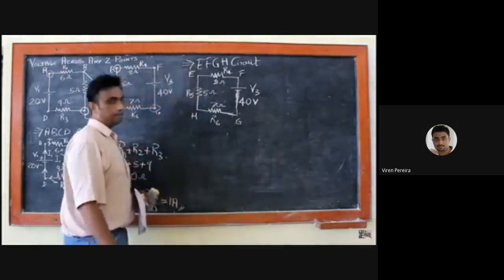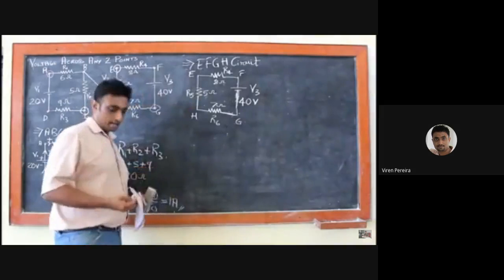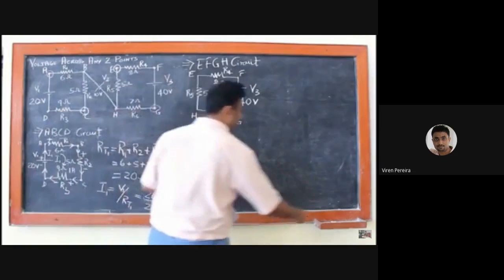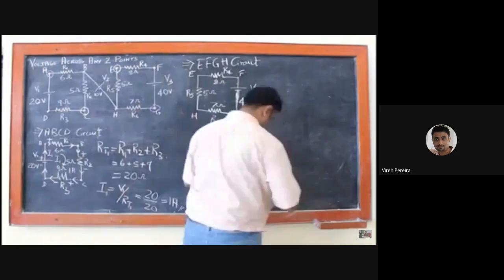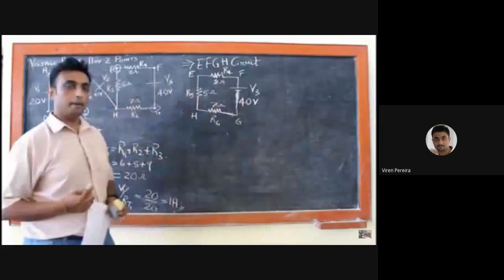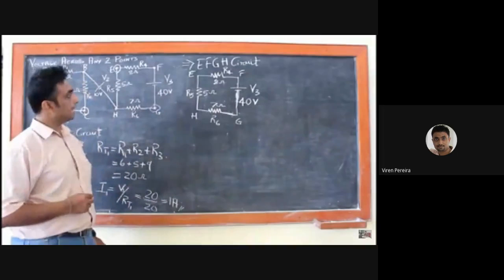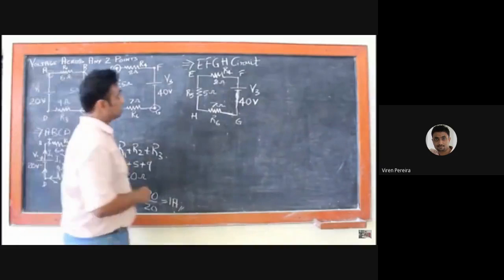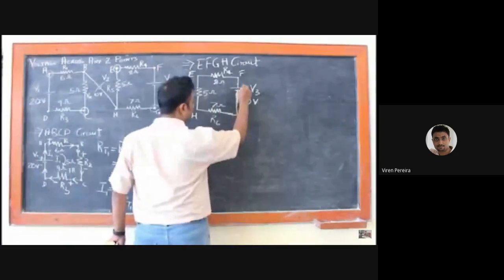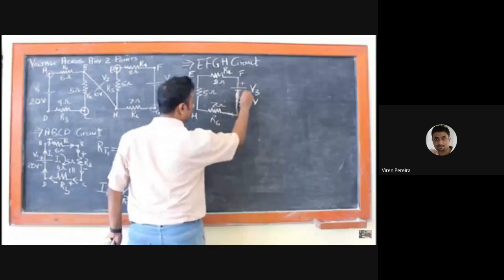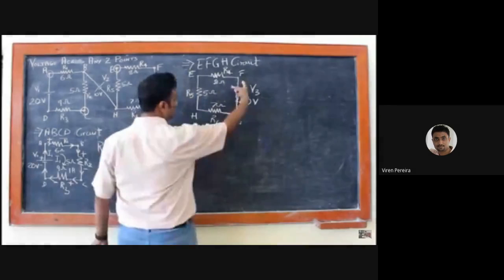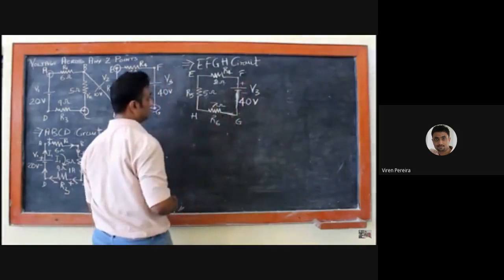Okay, so I have my second independent circuit, which is EFGH. Now, as I told you, you have to consider all these circuits independent. For your voltage sources, the polarities will have changed. So this will be positive, this will be negative.